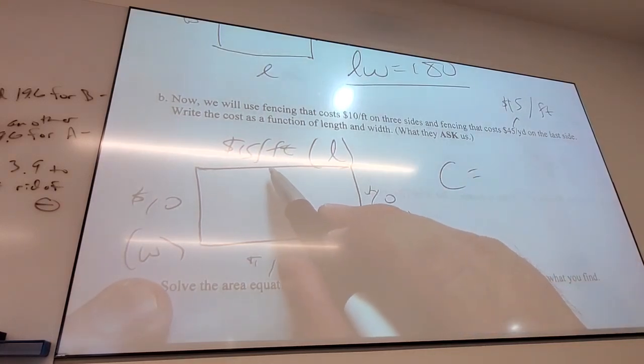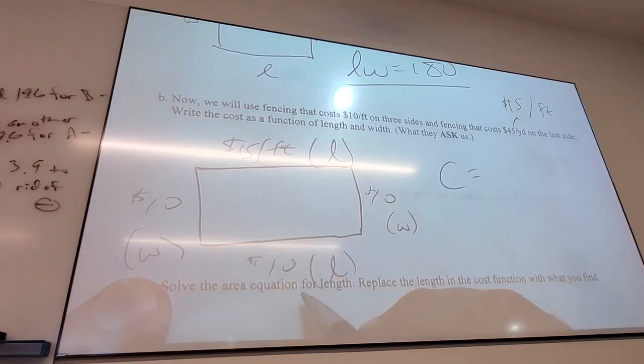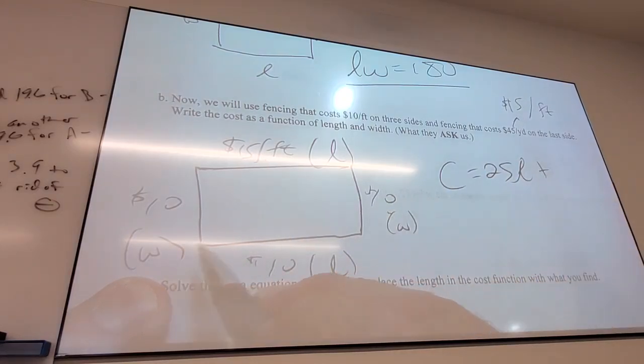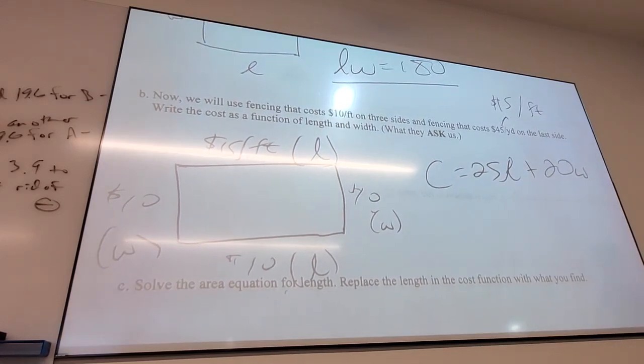It's going to be 15L plus 10L plus 10W, 10W. What's wrong with that formula in terms of, I want to take a derivative, all that kind of stuff? Too many variables, right? The number of variables is too high.